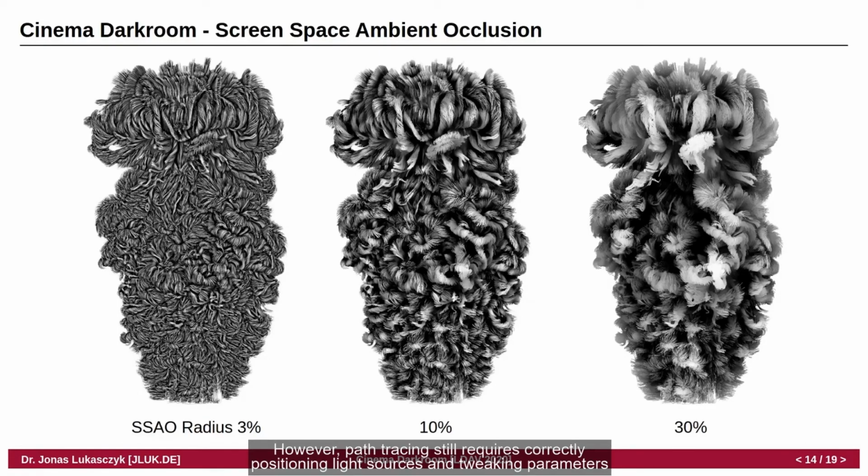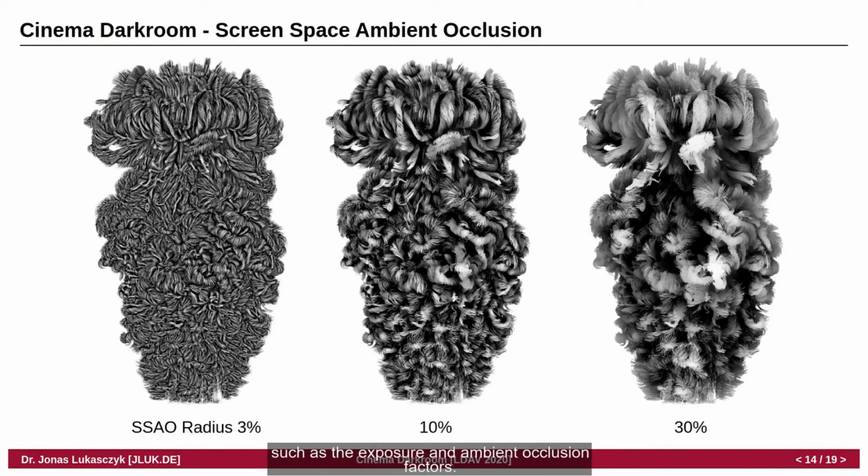However, path tracing still requires correctly positioning light sources and tweaking parameters such as the exposure and ambient occlusion factors. One also has to take care that the lighting doesn't interfere with the expressiveness of the visualization, by, for example, darkening regions that contain important scalar field information. Getting good results usually involves interactive exploration, which we simply cannot do in situ use cases.